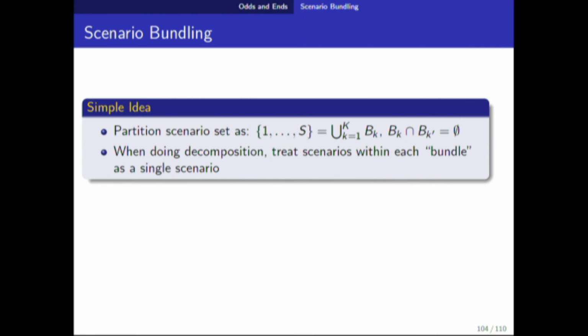So we just partition the set of scenarios into pairwise disjoint subsets that we call bundles. And whatever decomposition method you're doing, whether it be the cut-based method or the dual decomposition-based method, you treat a bundle as if it were a scenario. Very simple idea. All the algorithms basically go through exactly as they were.